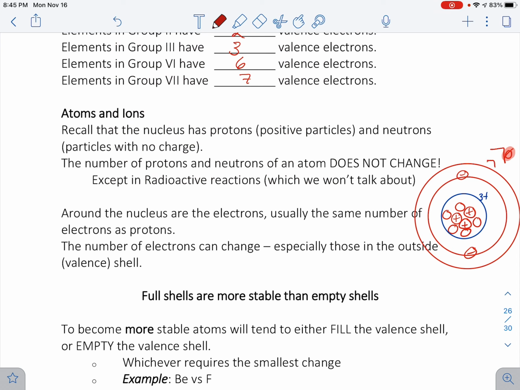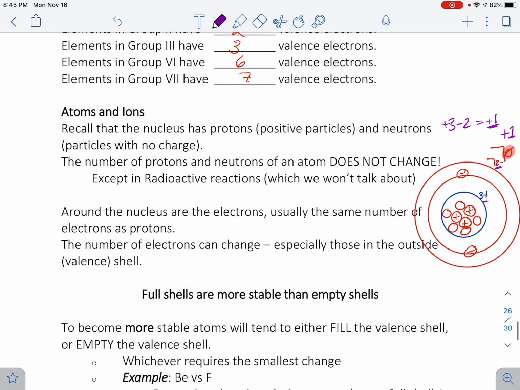So the electrons have 2 minus, which means that overall the charge is now plus 1. 2 minus plus 3, so plus 3 minus 2 equals an overall charge of plus 1. So by losing an electron, the lithium became positive.